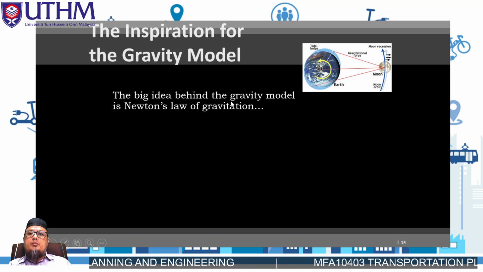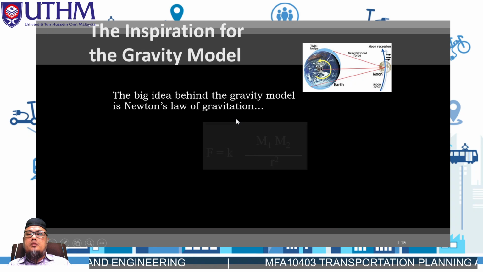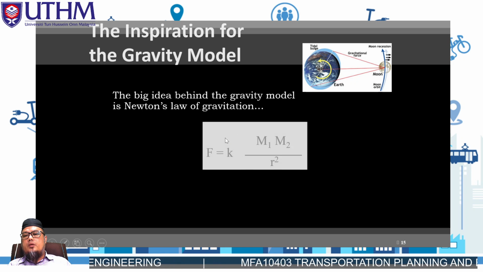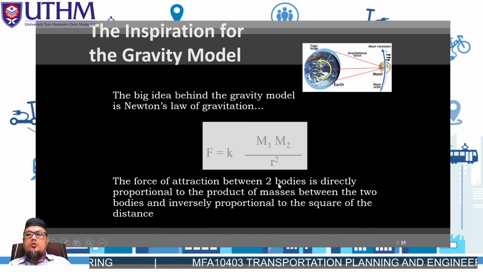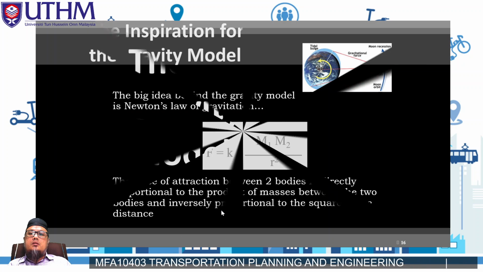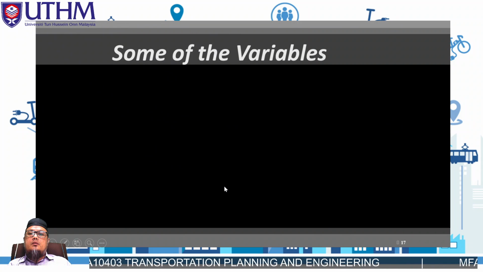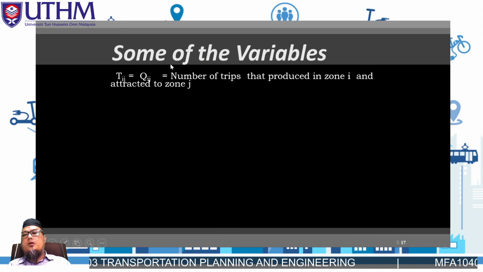The big idea behind the gravity model is Newton's law of gravitation, the basic one. The force of attraction between two bodies is directly proportional to the product of the masses of the two bodies and inversely proportional to the square of the distance. In the gravity model, we have a quite similar function, which is Tij.